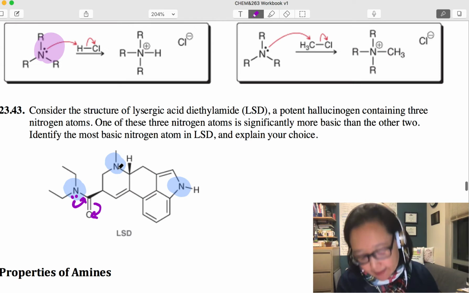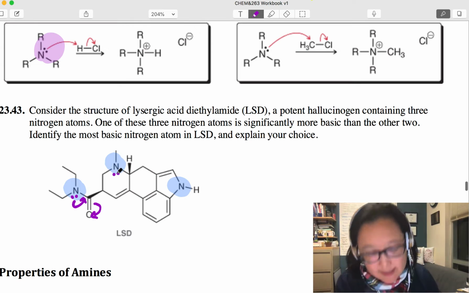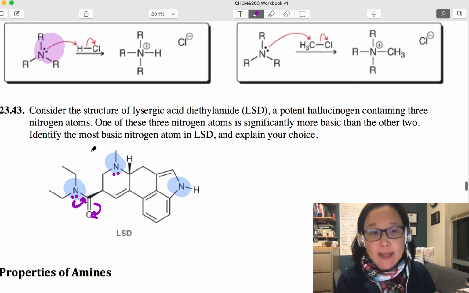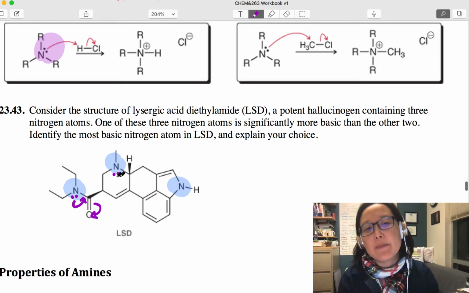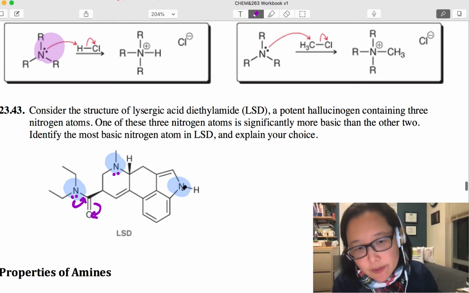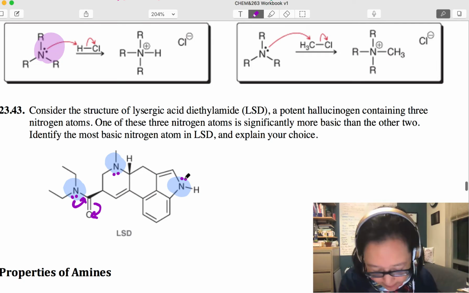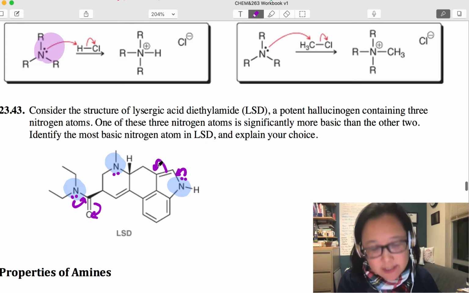This amine here has a lone pair, and it doesn't seem to have resonance stabilization anywhere. So it's sp3 hybridized, and that lone pair is available to bond. So that looks pretty basic to me. This one over here has a lone pair. It looks like it's sp3, but if you look closer, you notice that there actually is resonance delocalization.